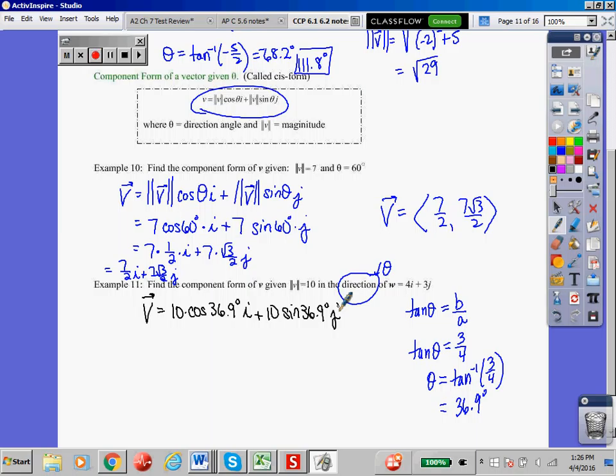And it amazingly came out 8I plus 6J, or 8 comma 6 in the component form, okay?